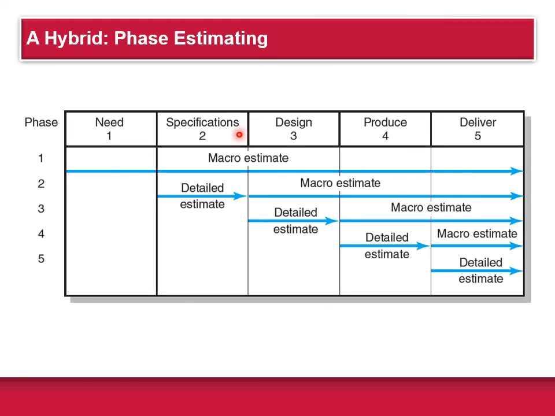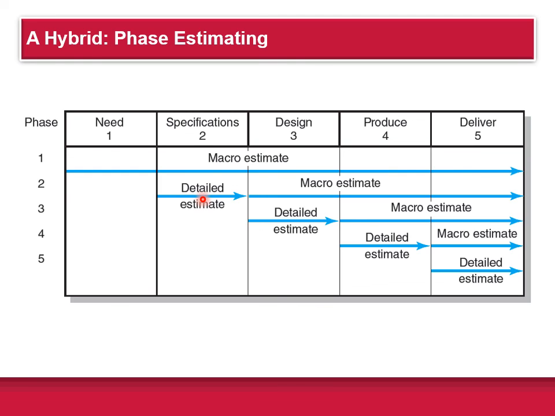When the project need is determined, for example, you make what's called a macro estimate, a very quick estimate, and then in the next phase you make a more detailed estimate based on the macro estimate.